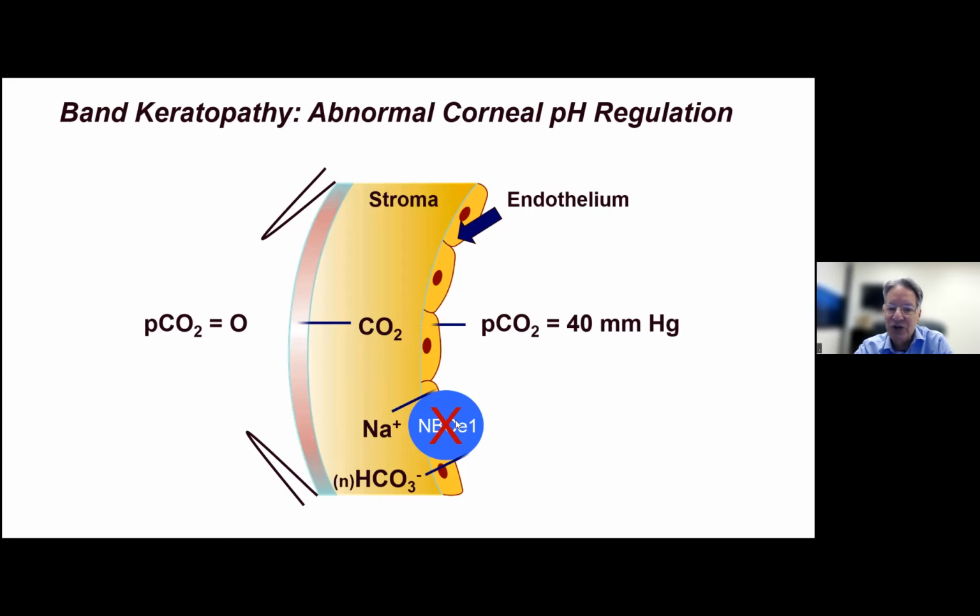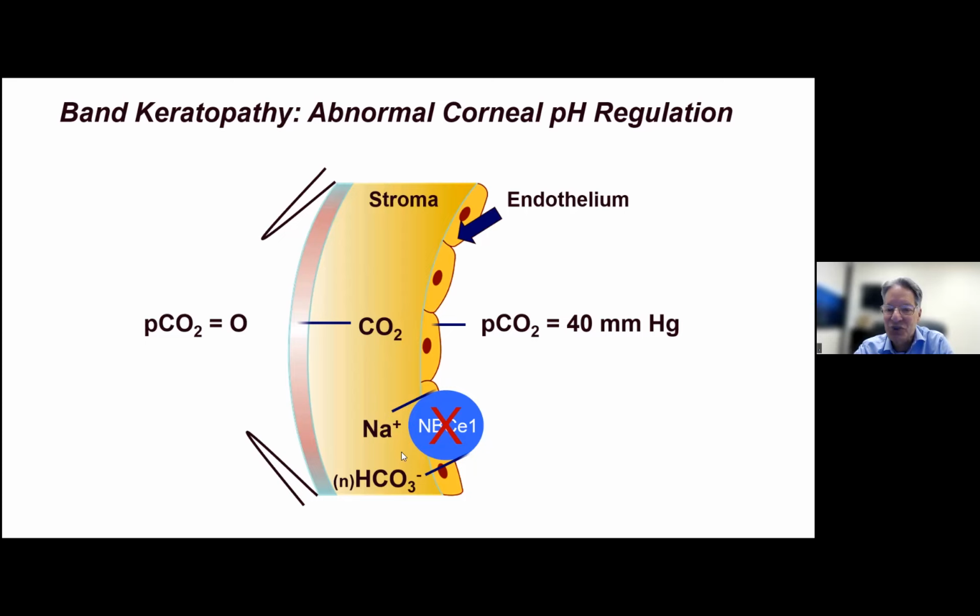But it turns out the corneal cells also have NBCE1A, and what NBCE1A does is it transports sodium carbonate out of the cell and keeps the pH from going up too much. So you can think of it as a respiratory alkalosis with a metabolic acidosis, bringing the pH back down.